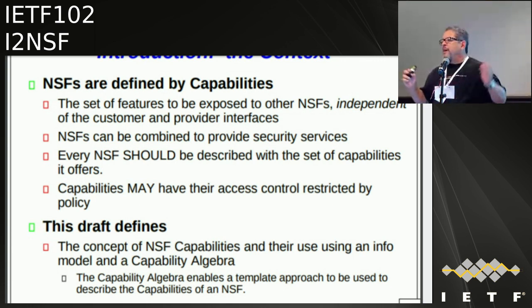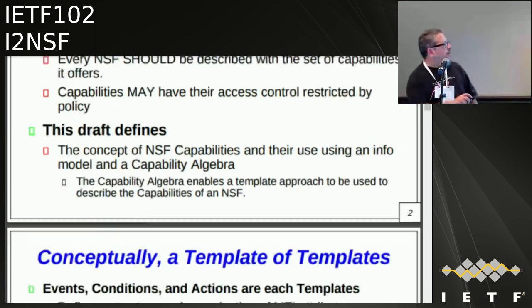So if I'm the security controller and I have sets of capabilities from different NSFs, then using set theory, I can construct an algebraic definition, a template if you will, of the final set of capabilities that are applicable for that NSF. That's very important because otherwise, not only do you not know what features are being used, but you have no idea if the policy rules conflict with each other. So this is a key part of the draft.